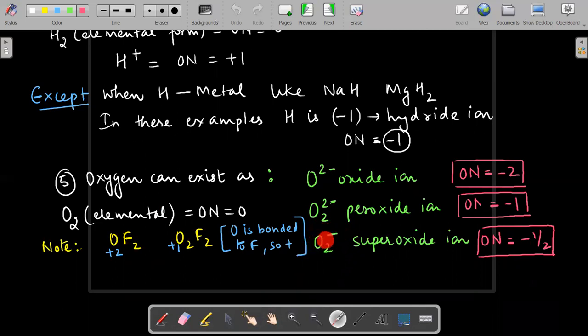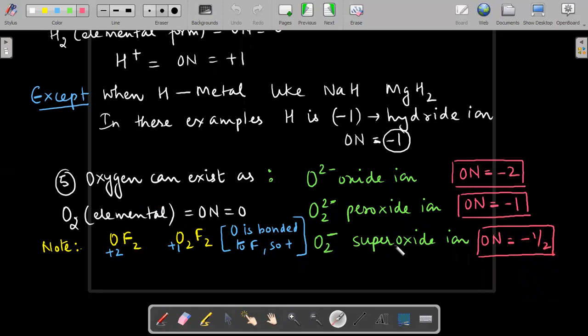Then for each oxygen कितना हो जाएगा? -half. So you know what we are calculating here is for each oxygen atom. So your oxidation number of oxygen can be either -2 अगर oxide form है, it can be -1 peroxide form में, it can be -half in superoxide form.